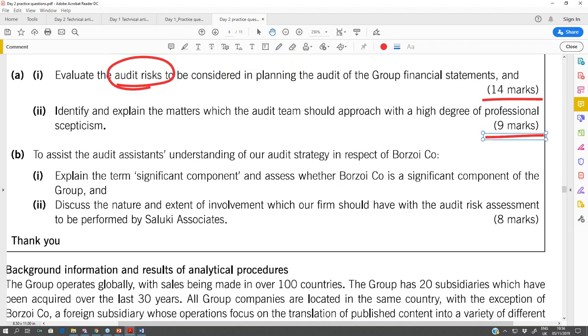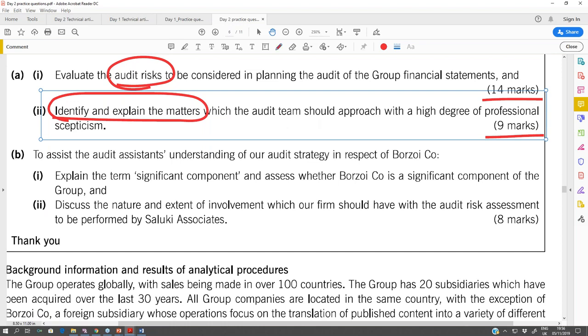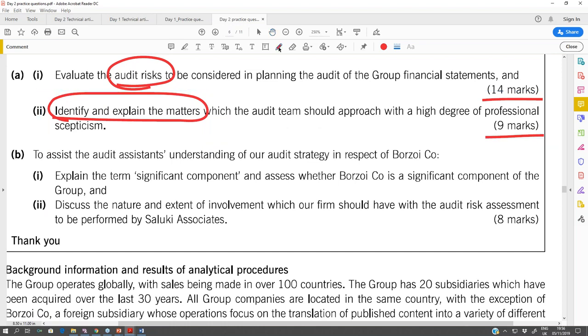Identify and explain the matters which the audit team should approach with a high degree of professional skepticism. Which matters will the audit team be approaching with a high degree of professional skepticism?